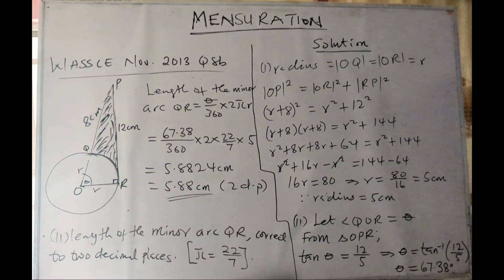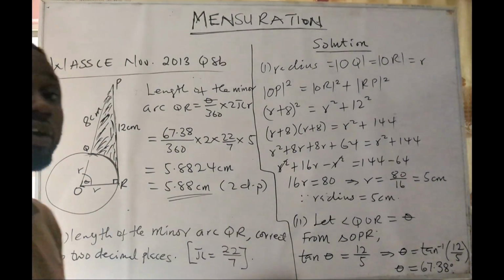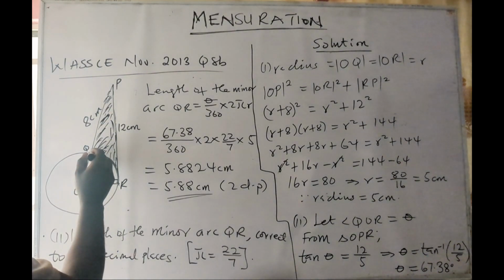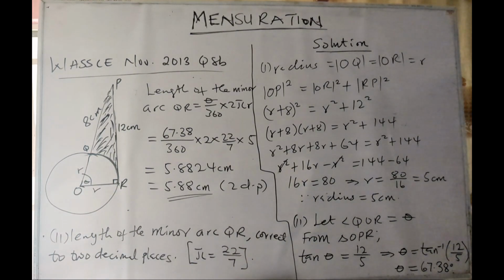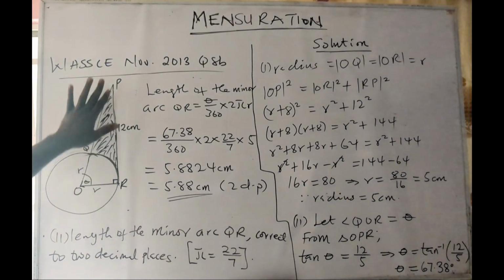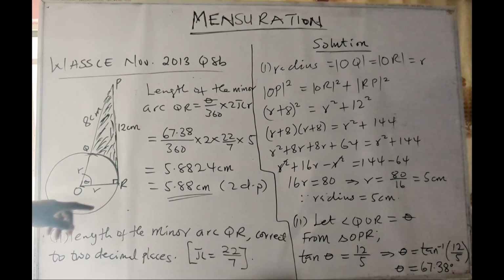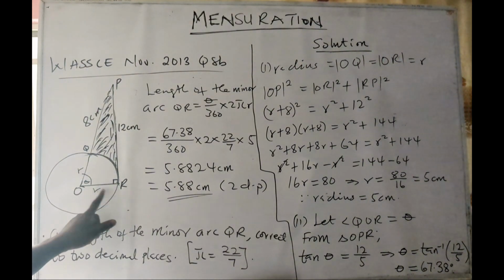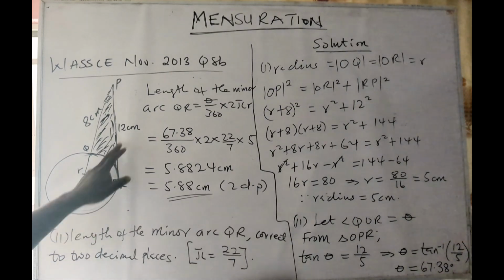So simple. And the question can even ask you to find the area of the shaded portion. That is the area of the triangle minus the area of the sector. Take note, this is a sector. Since this triangle is 90 degrees, we have our base and our height.